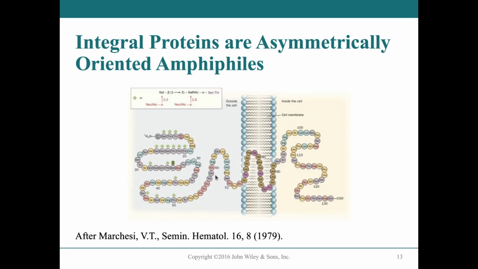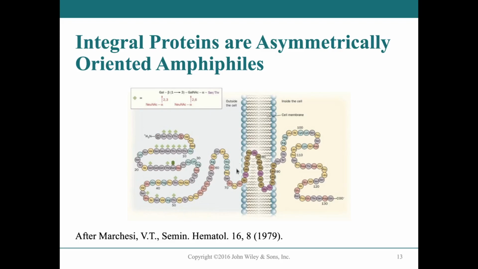So here is another view of another protein. Some integral membrane proteins have large domains on either side of the membrane. Here is the extracellular side, and this is the intracellular side. This type of protein has basically three domains.